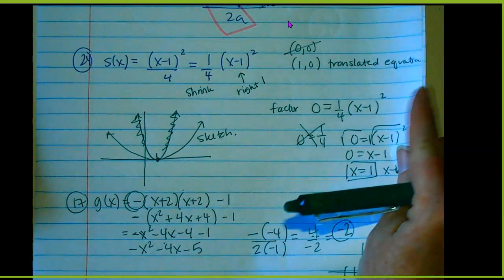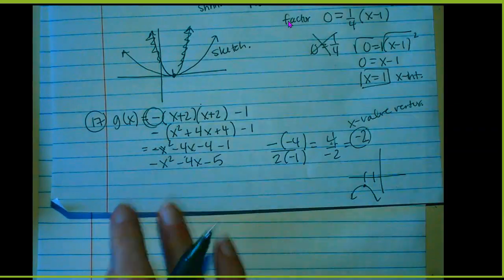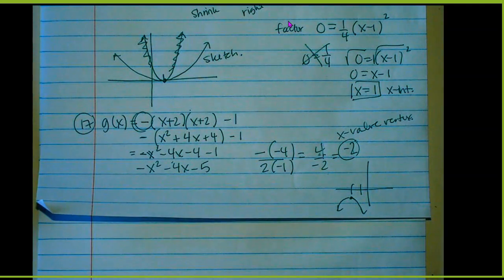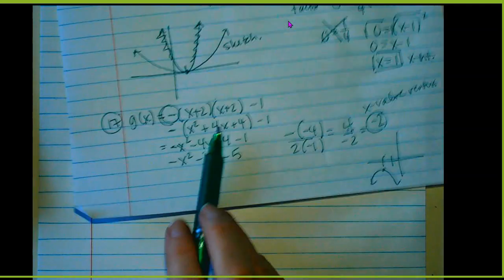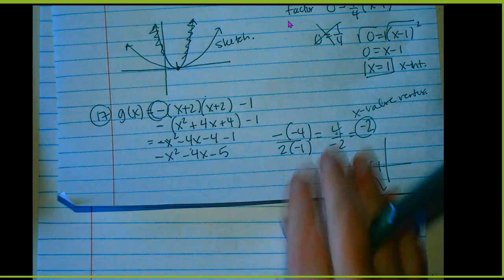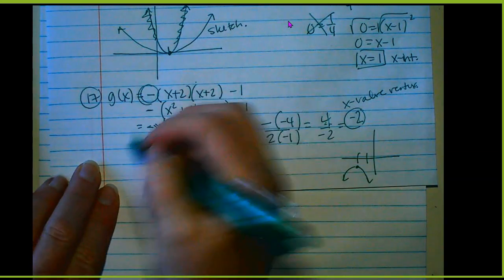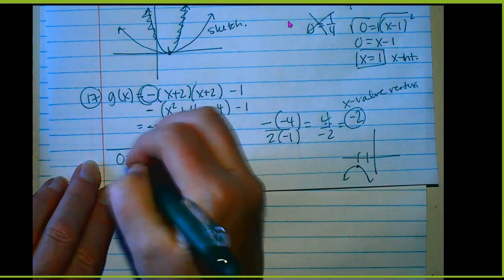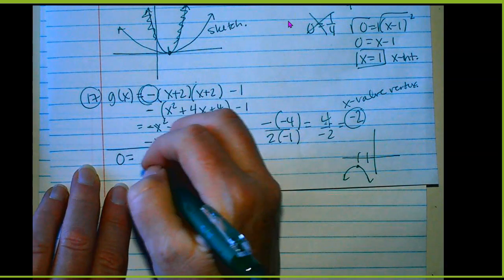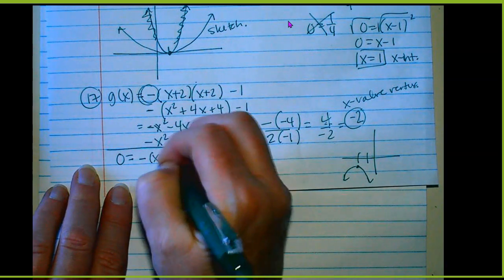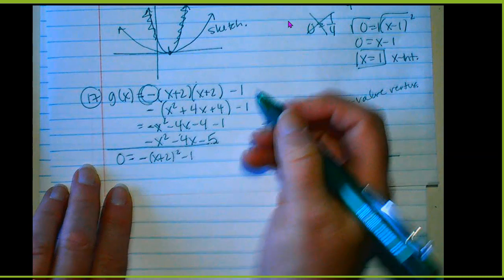Here's my paper because it fell off. So if you put this in the quadratic formula, it would, see, here you go. The original problem said 0 equals negative (x plus 2) squared minus 1.